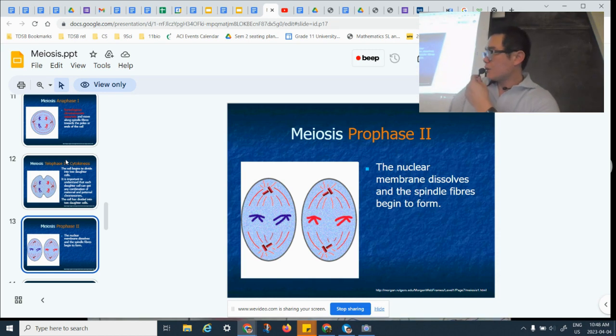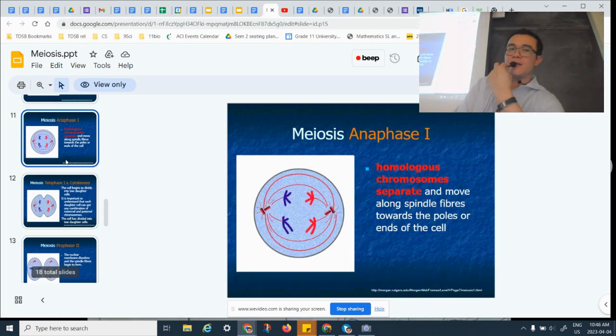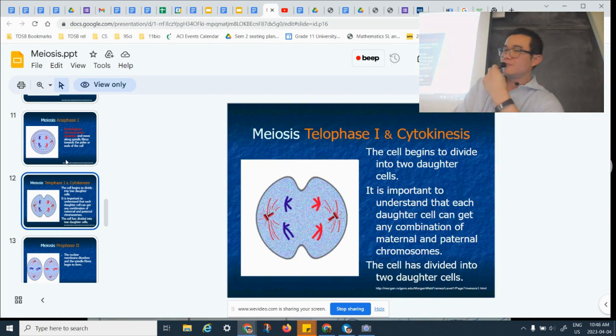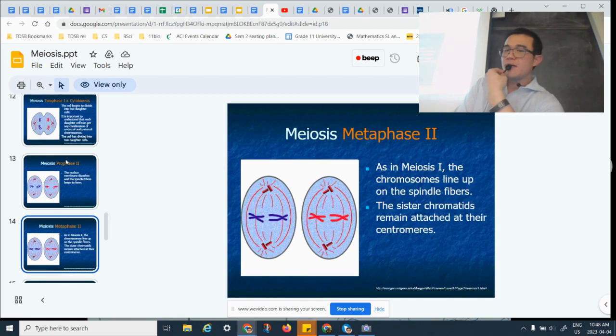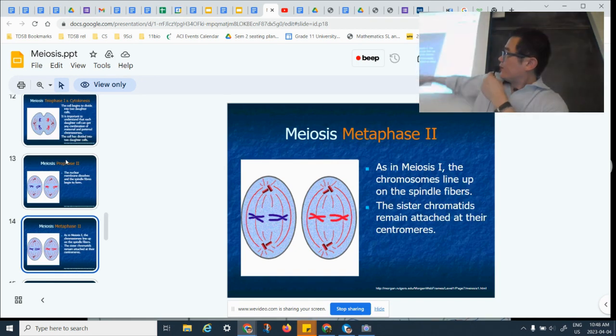Now, I didn't draw it on the diagram, but here, as you can see, the spindle fibers start to form again. They were dissolving at metaphase 1, so they start to form, all lining up in the middle, and sister chromatids are still attached at their centromeres.